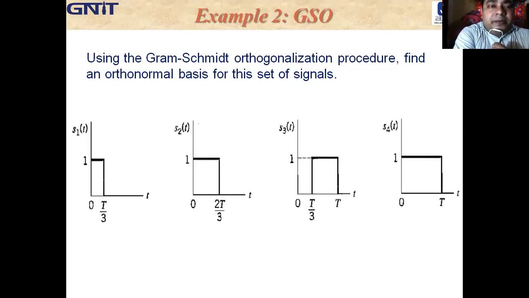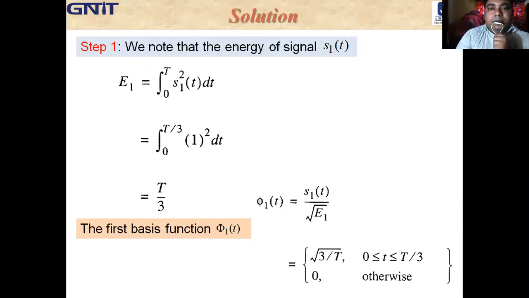So how to determine the first basis function? To evaluate the first basis function, first we need to find the energy of signal S1(t). The energy of signal S1(t) is, say, E1, which is determined as the integration of S1 square (t) dt.